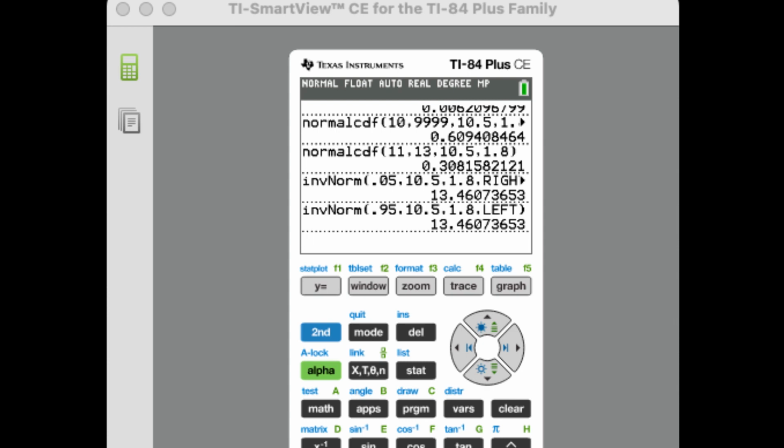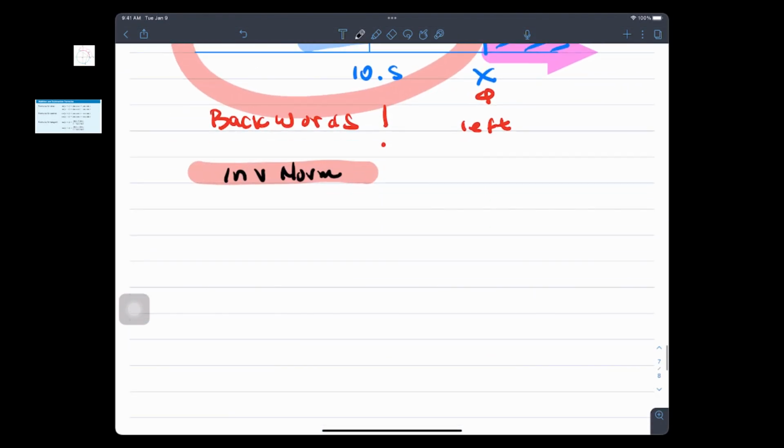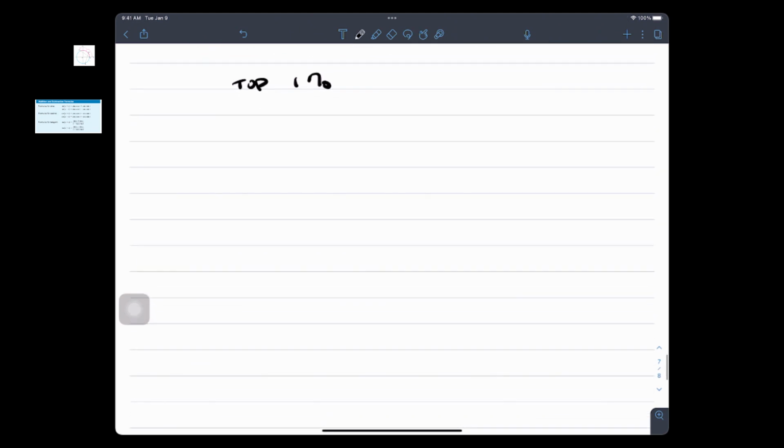So let's go back. Let's give you guys another example here. Let's see if you guys can do this, because we're going to be working backwards, ladies and gentlemen. Working forward and backward. So what if I define this? Let's talk about the top 1%. Okay? Draw your bell. Top 1%.